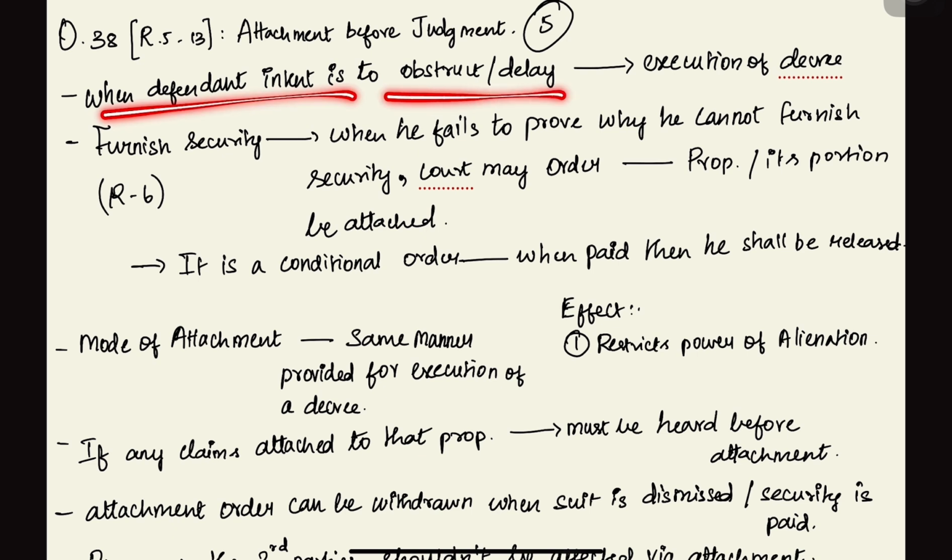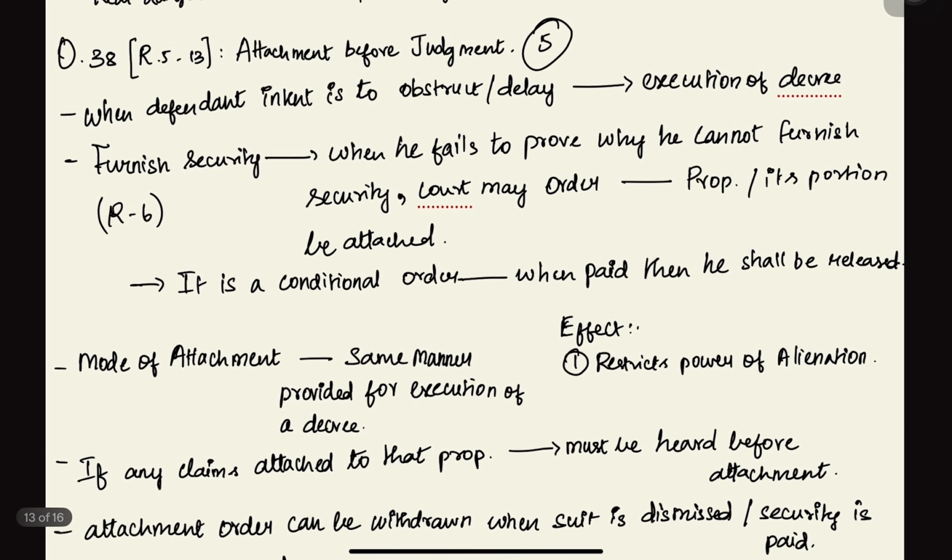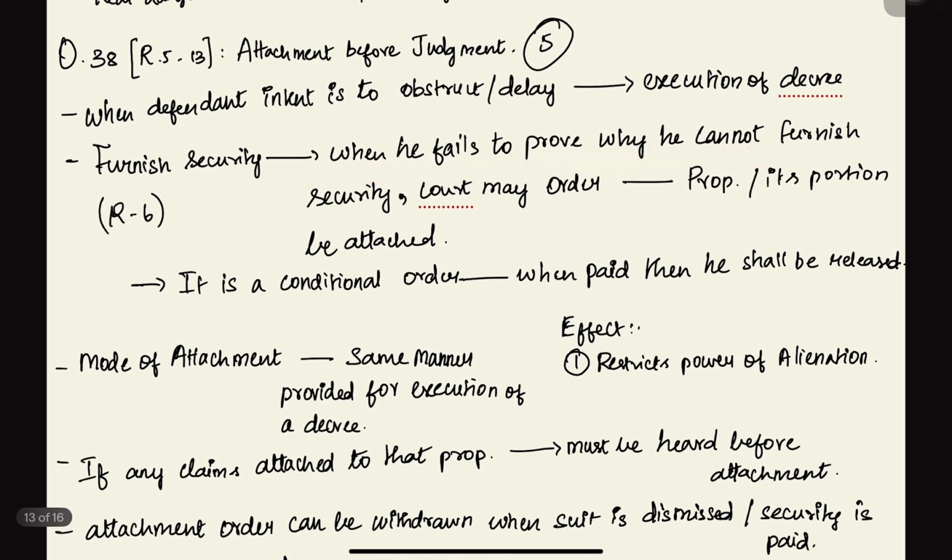So on the same grounds, when the defendant intends to obstruct or delay the execution of a decree, he can furnish a security. But if he fails to show why he cannot furnish security, the court may order him to give any property or its portion to be attached, right?